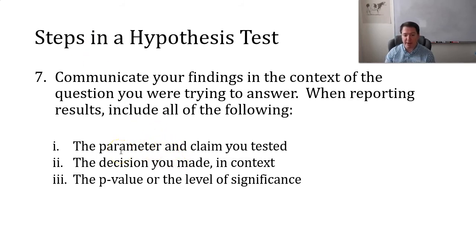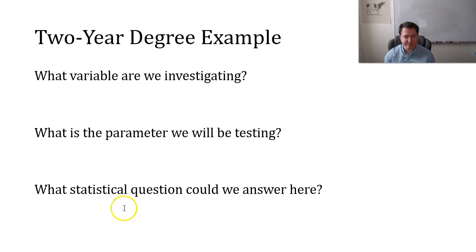I want the parameter and claim we tested, right? Like the mean was more than 5. I wanted to see if the mean was more than 5. What decision I made, which would be I decided that was true, or I didn't have enough evidence to show it was true. And then either the p-value or level of significance. Either one of these is acceptable. Either one of these is a measure of how strong the evidence was.